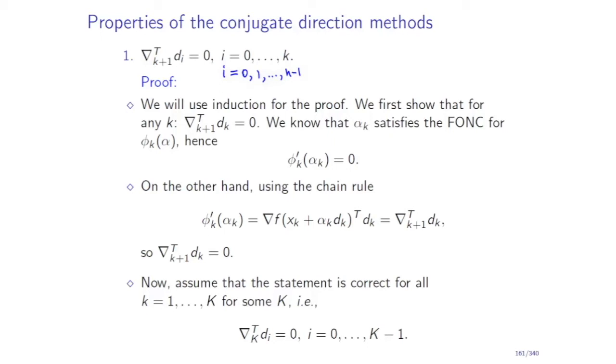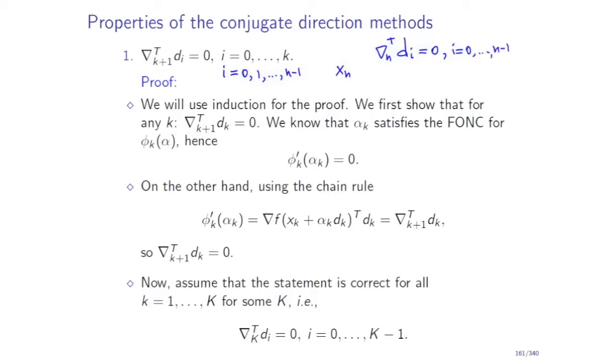And as a result, the point that we'll build will be xn. Okay, and now let's try to see what happens to the gradient nabla n at the point xn. So we'll have nabla n transposed times di equal to 0 for all i's between 0 and n minus 1.